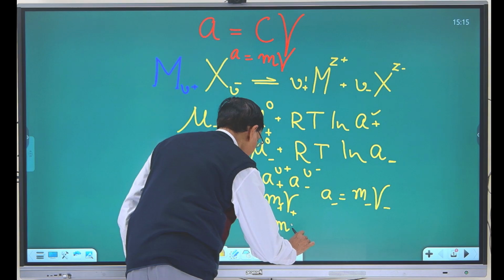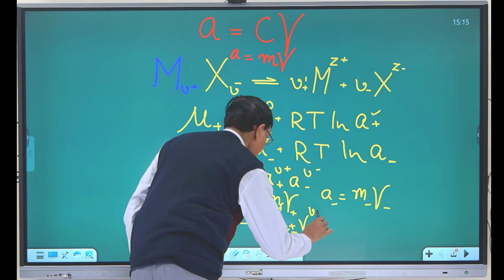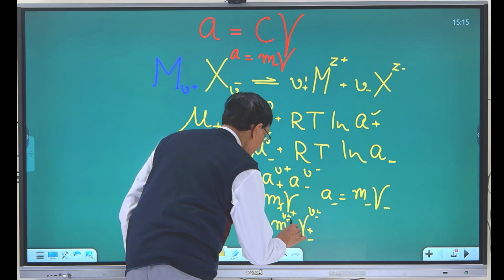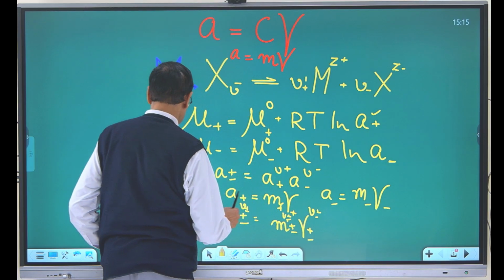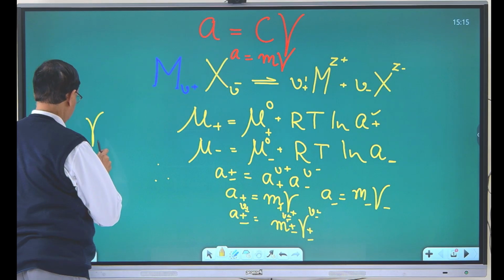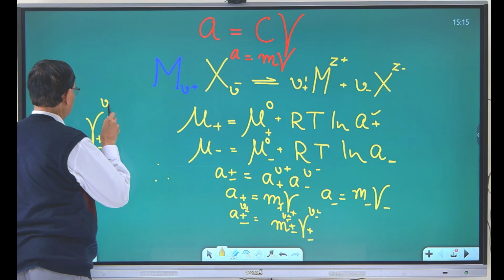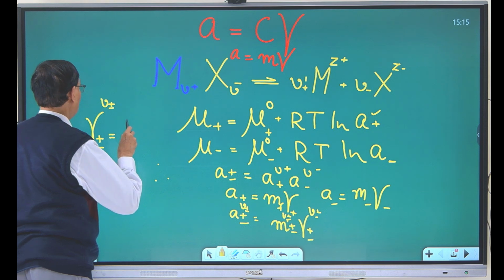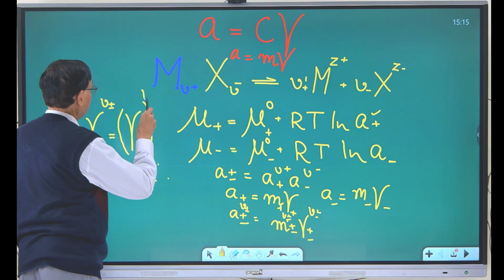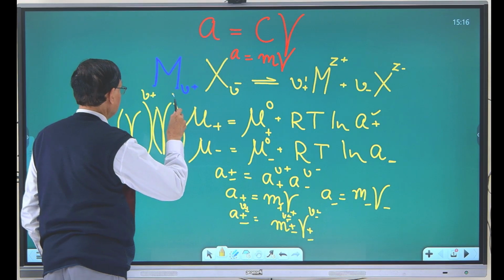If I take a plus minus, that is, M plus minus times gamma plus minus, I can write the activity coefficient gamma plus minus, which is gamma plus to the power nu plus, gamma minus to the power nu minus.